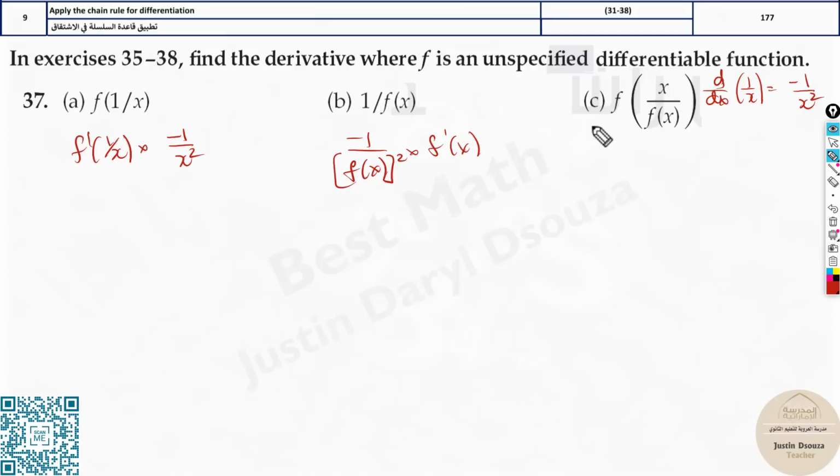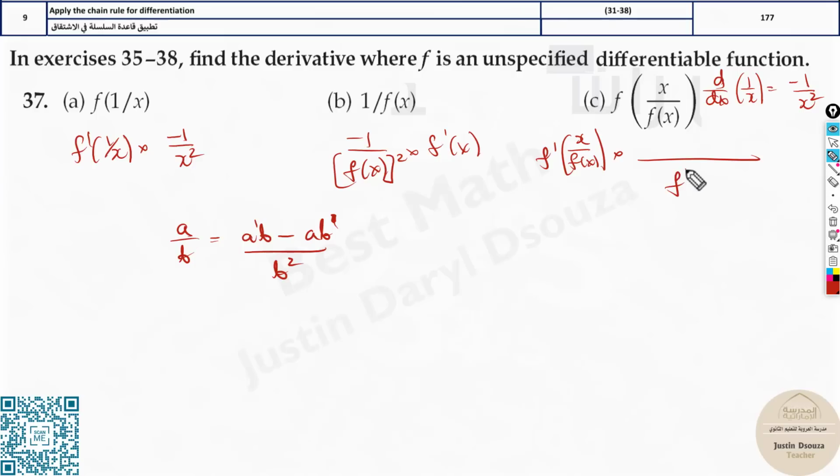And now over here we have quotient rule, a divided by b, that is given as a prime b minus a b prime, divided by b power 2, the second below term, which is b. Now first one would be f prime of x by f of x. Simple. But now here it gets complicated because we need to square the below term.